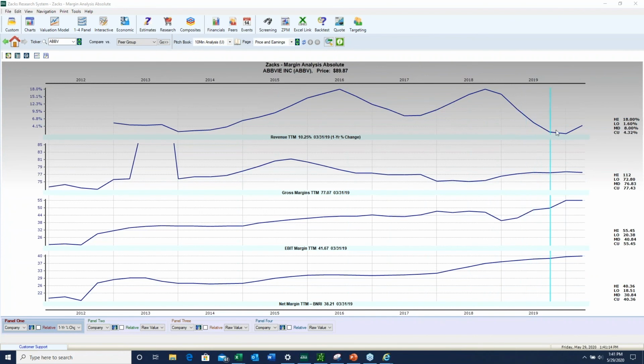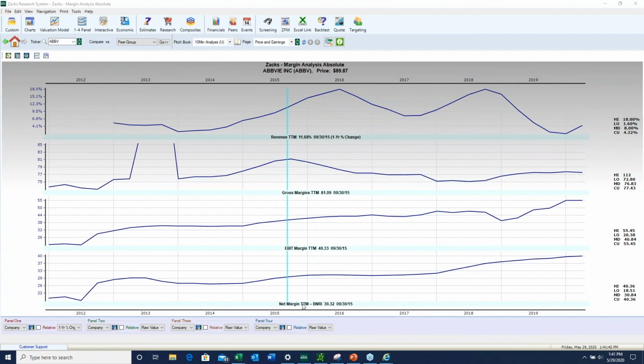And you can see here that just like we saw for Amazon, AbbVie is actually turning a corner as well. It hit a revenue growth trough of about 1.5%, and now it's starting to show a rebound in that growth rate overall. And you can see the gross margins as well as net margins. You can see that this has been a phenomenal business. I mean, AbbVie has been very profitable.